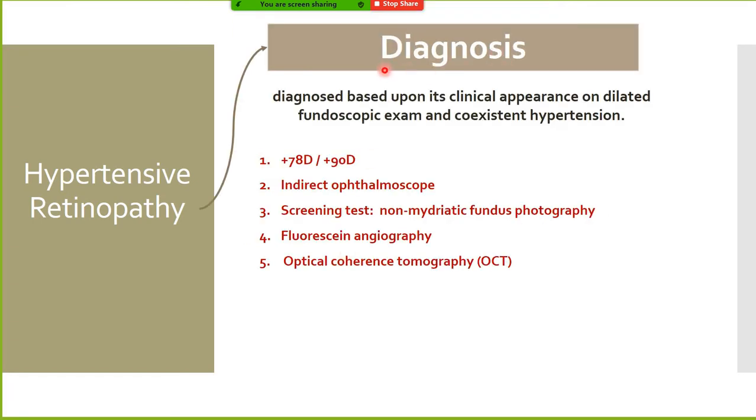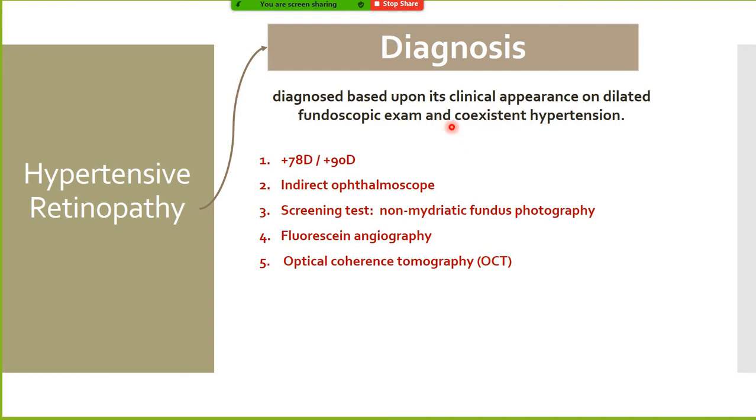How we usually diagnose is we do a dilated fundus examination, or in case it is non-mydriatic, that is fine too. Non-mydriatic can be used as a screening tool at least.